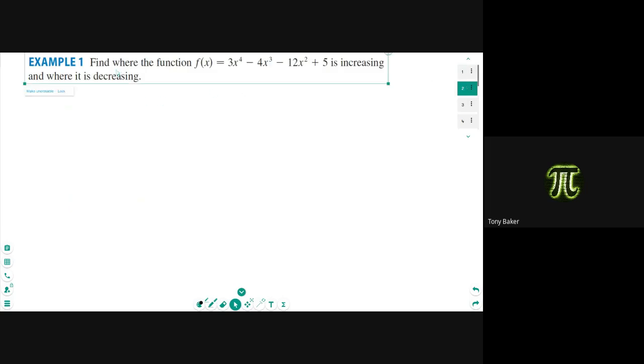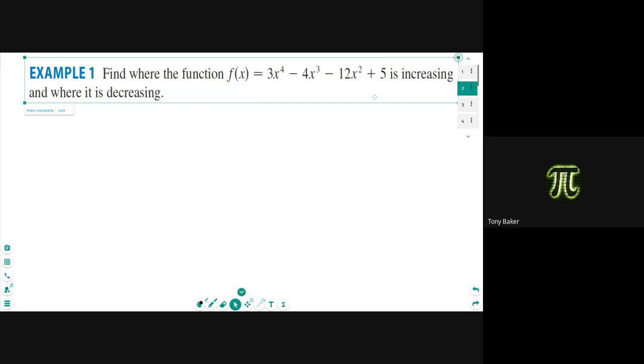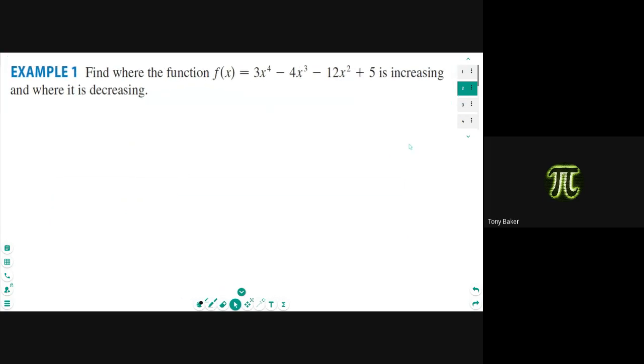All right, so let's take this first example. Let's start with an easy one. I want to know where this function is increasing and where this function is decreasing. So what's the first thing I have to do for this? Find my derivative.